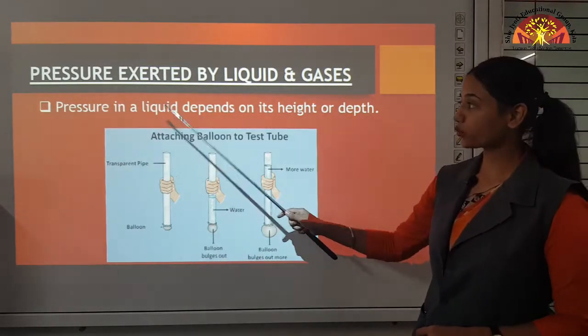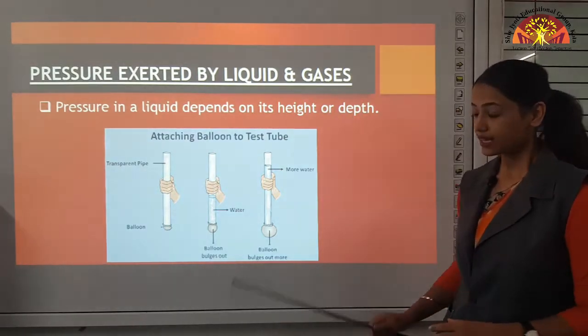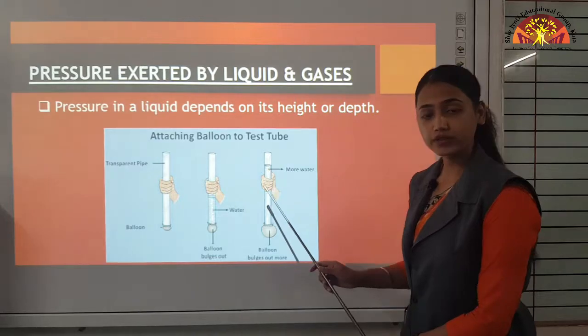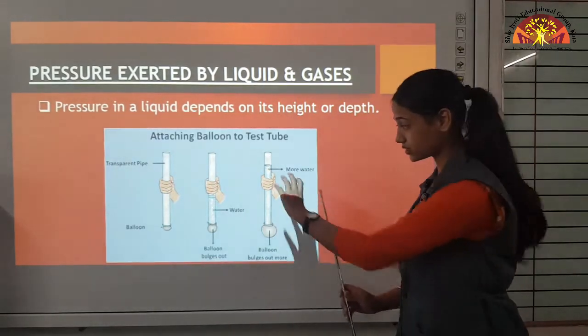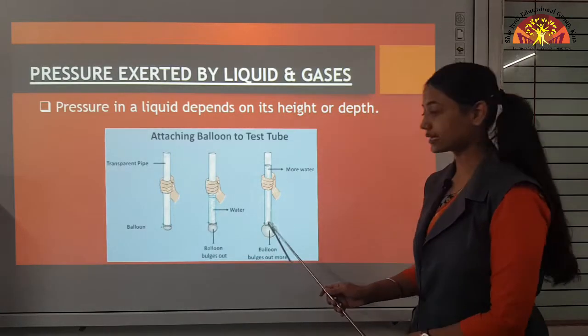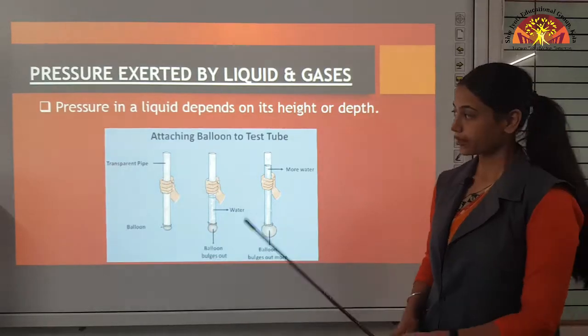Because the pressure in a liquid depends on its height or depth. As we are increasing the height of water, the water is applying more pressure on this balloon, and that's why we can see the balloon bulges out more.